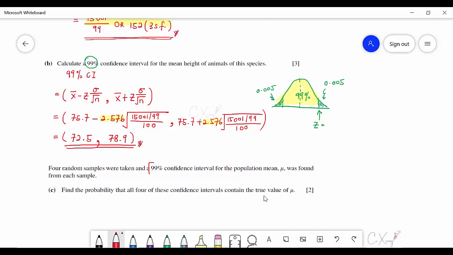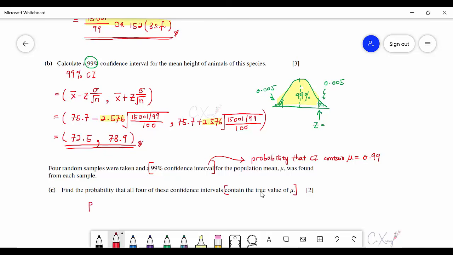First of all, you should know the meaning of a 99% confidence interval. For any single 99% confidence interval, it means that the probability that the confidence interval contains mu is 99% or 0.99. Now imagine that you have four random samples, so 4 confidence intervals, and every one of them contains the true value of mu.